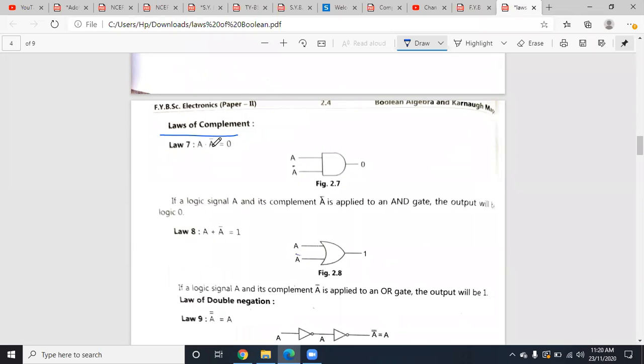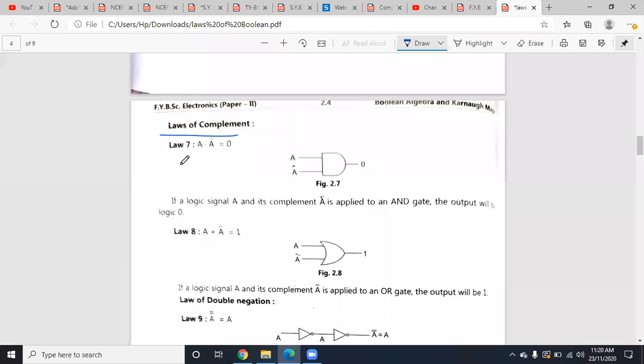So A into A bar. This is the law of complement. What is complement? Can you please tell me? Anybody? Inverse of the real value. Correct. So whatever variable we have, we have to take the inverse of that. What is inverse?